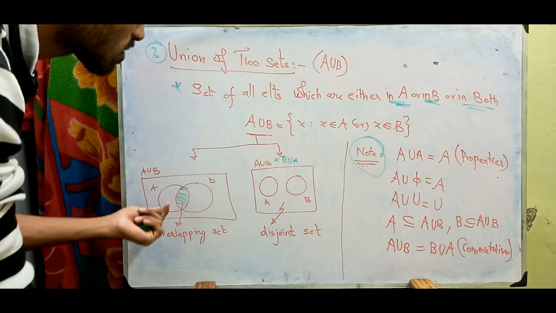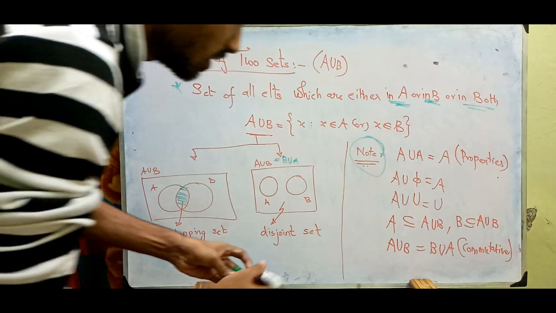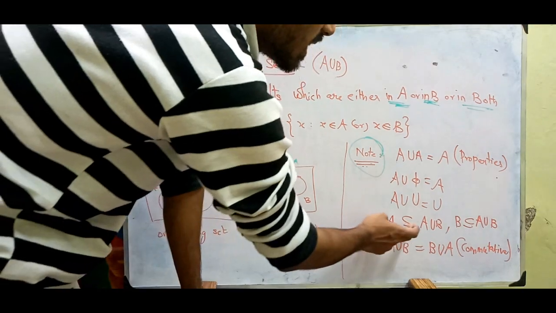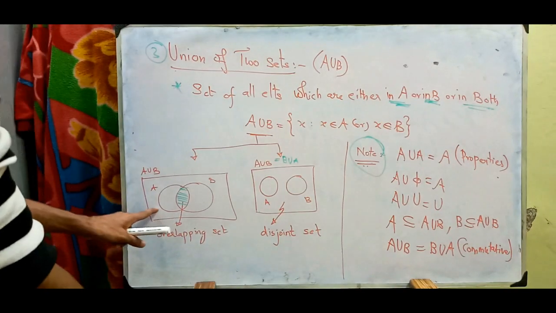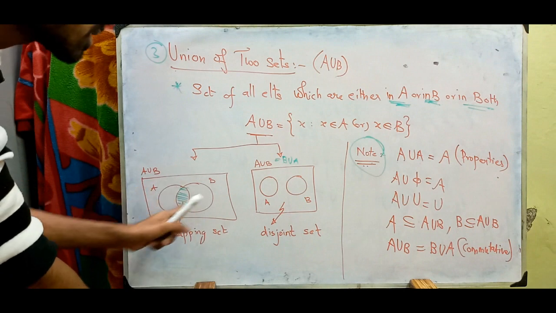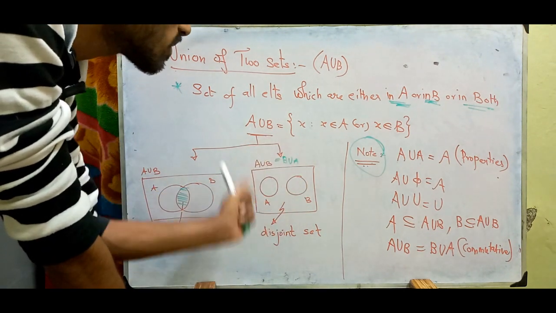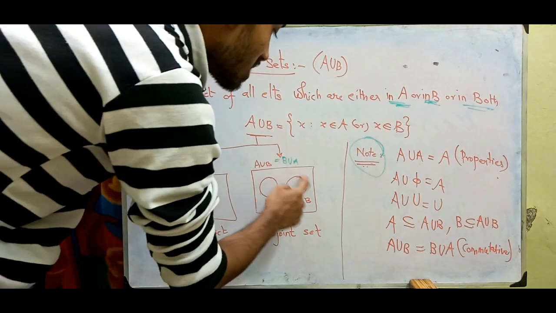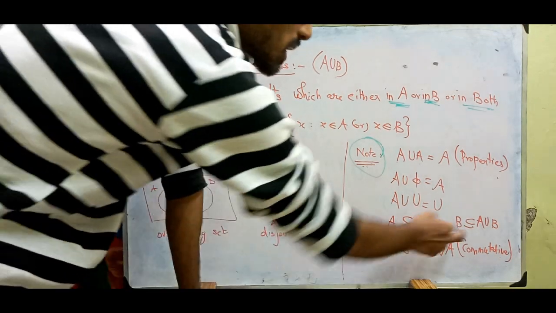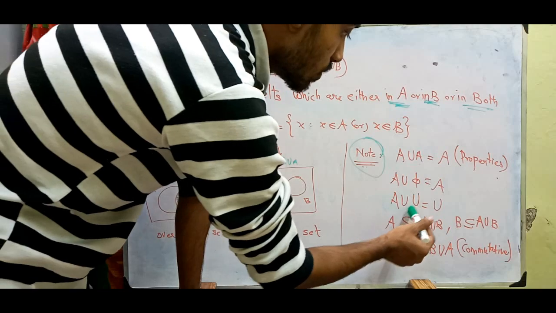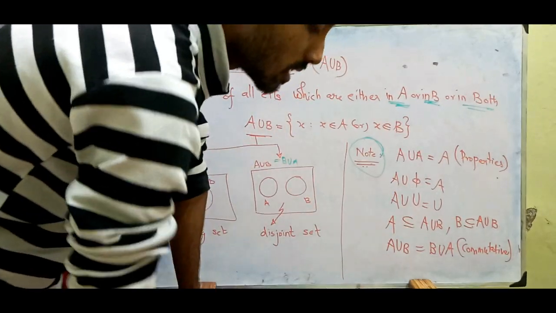If I swap this, nothing is going to change here. And also see, A is a subset of A union B. If you take A alone, it is a subset of the whole set A union B, and B is also a subset of A union B. Got it?